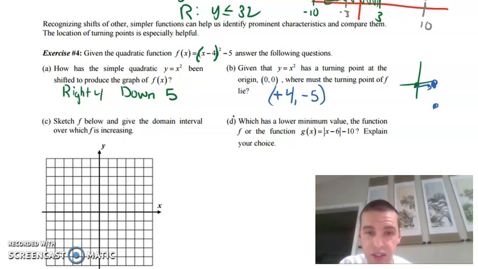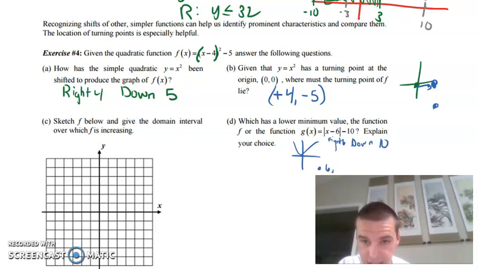Well, let's just do D right now. D has a minimum value if we know the original parent function looks like that. If I know I was moved right 6, down 10, I know I'm at 6, comma, negative 10. If this is my turning point that we're going to graph here, which one has the lower minimum value?